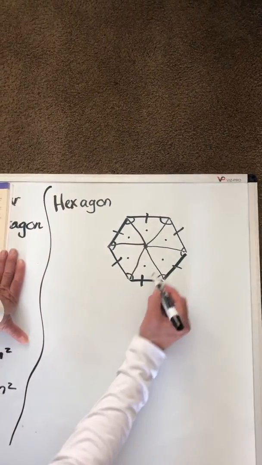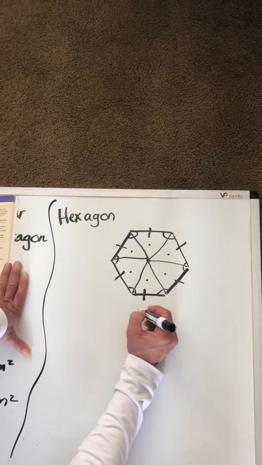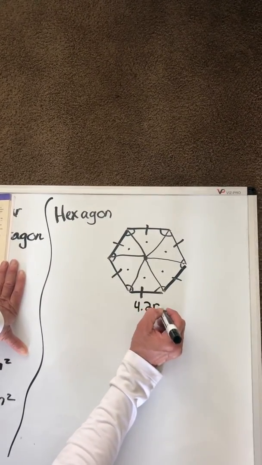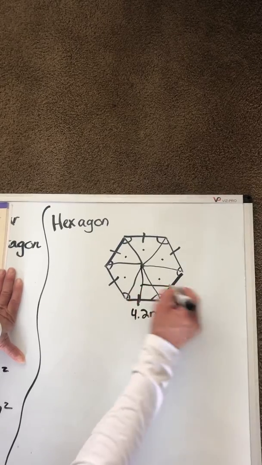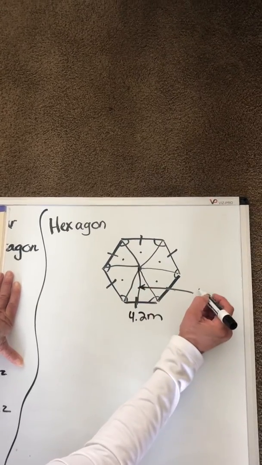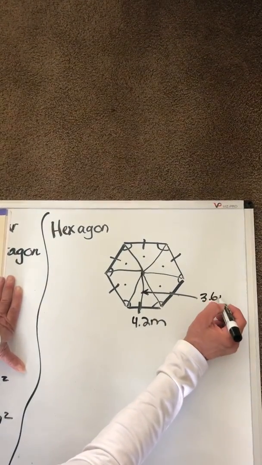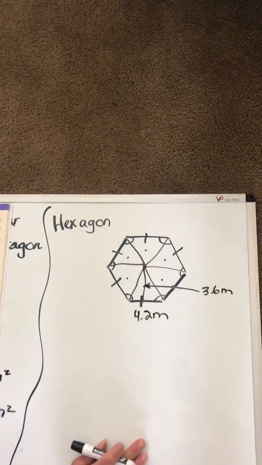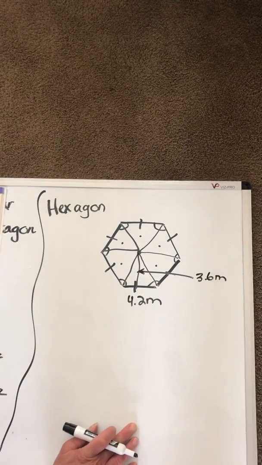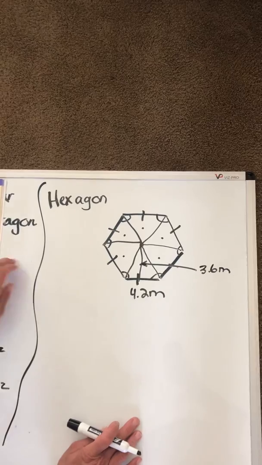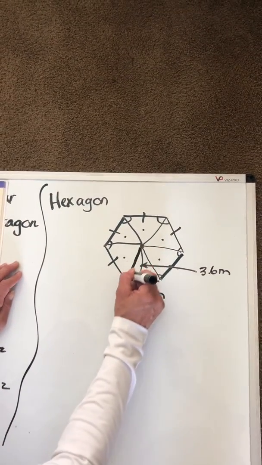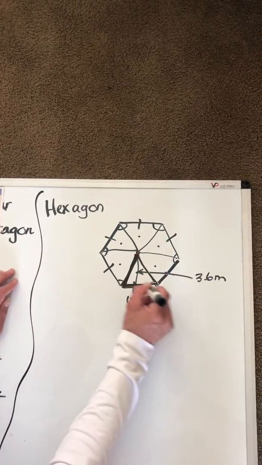So we will label this one triangle here with a base of 4.2 meters and a height of 3.6 meters. You will have decimals in this lesson and you'll have whole numbers, but you won't have fractions, so you don't have to worry about that. So the first thing we want to do is find the area of this one triangle.